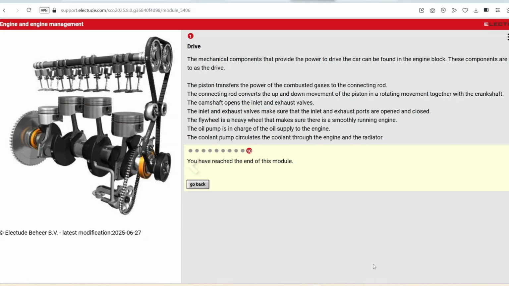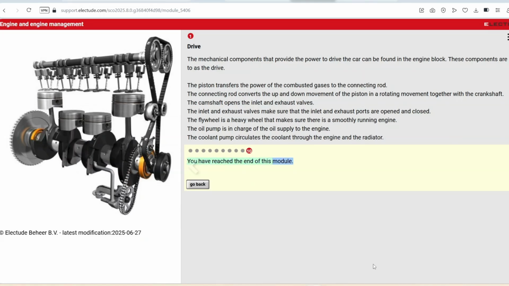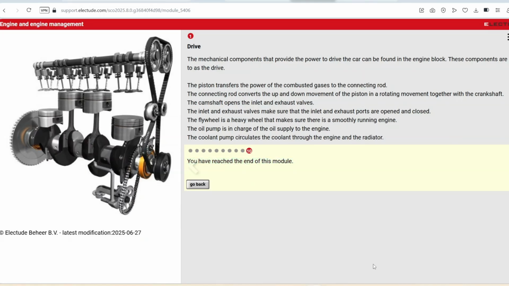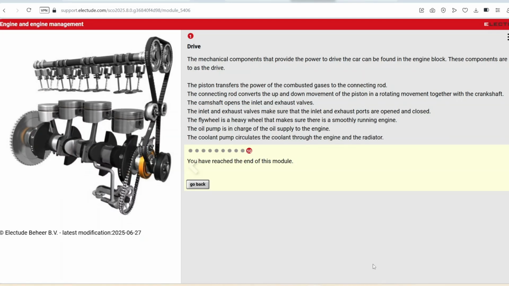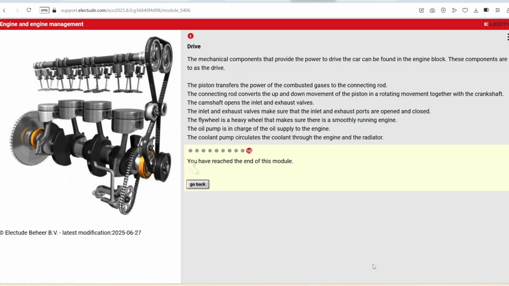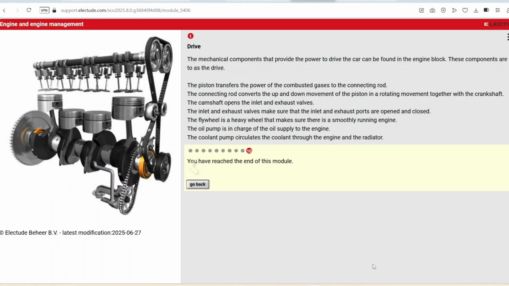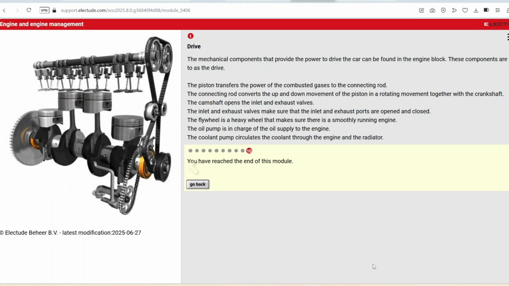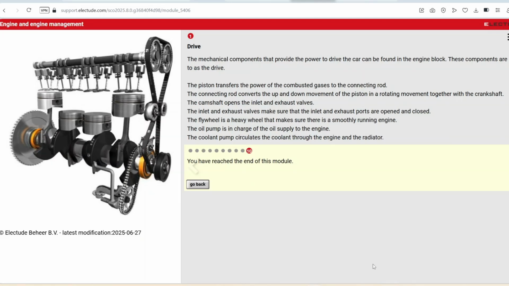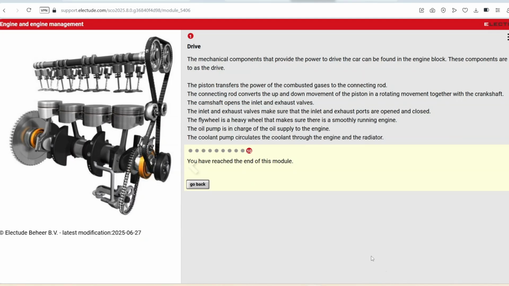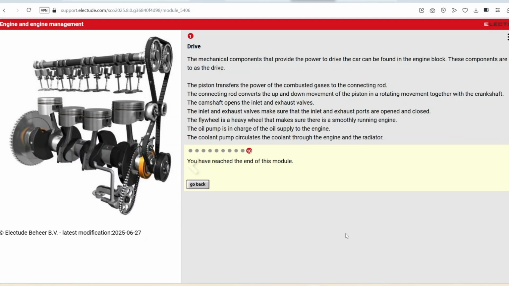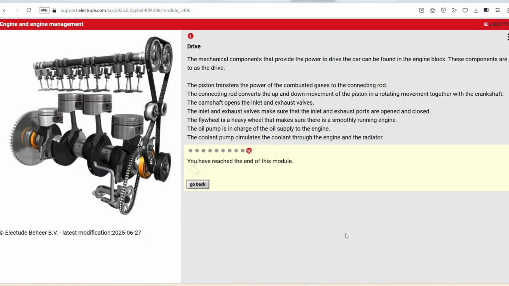You have reached the end of this module. Yeah, so I believe you now have a good idea of what a typical module in Electude class for light vehicles goes. And I think you can see how interactive it is, how intuitive it is.